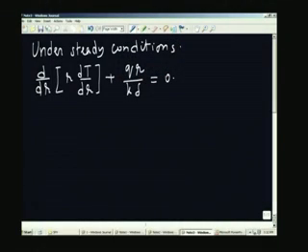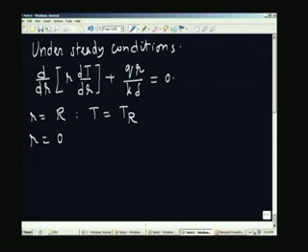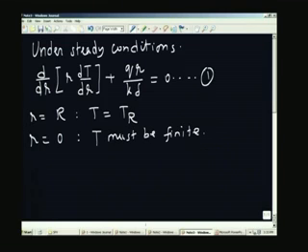So what are the boundary conditions I have to employ? At r equal to R, T is equal to whatever is specified as the temperature of the coolant or the temperature of the cylindrical annulus, that is Tr. At r equal to 0, all we can do is to say that T must be finite. So if you take this equation, let us call it 1, and these are the boundary conditions, this can be integrated twice.